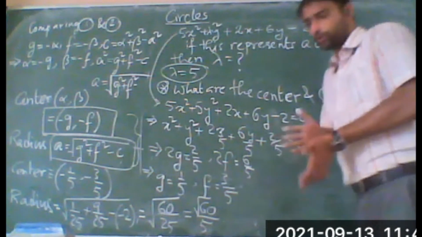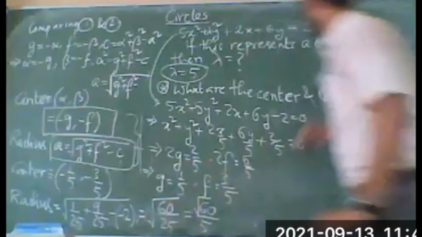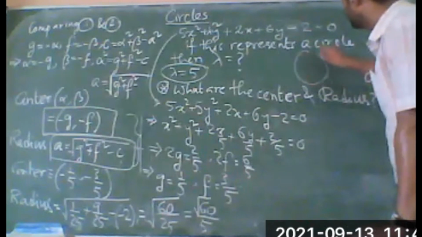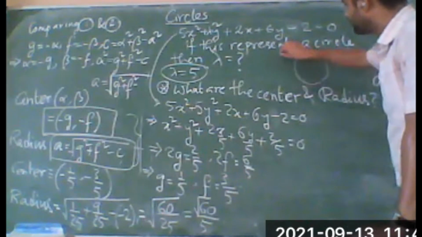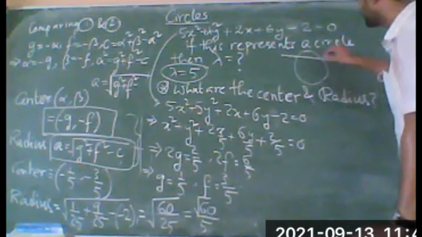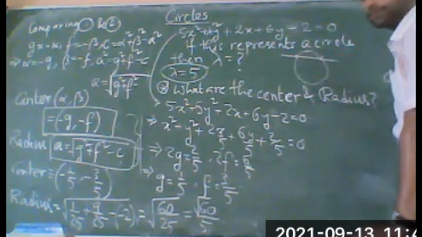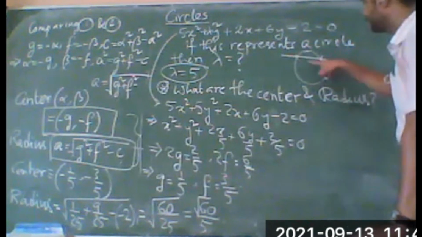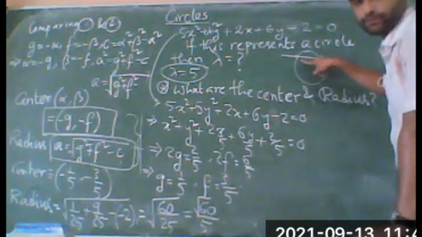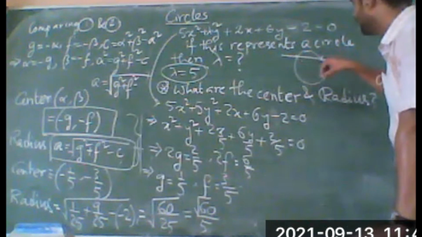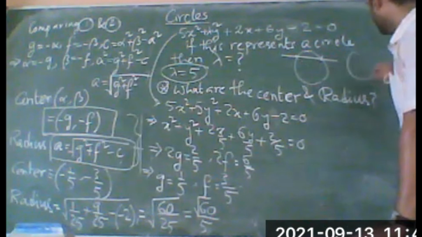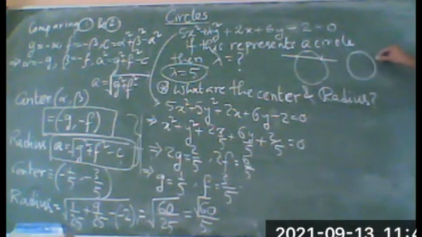That is the length of a chord. That means if I take a circle like this, and if one straight line intersects it like this, then this line segment inside the circle is called a chord. And if some line touches the circle at a single point like this, then those lines are called tangents to a circle.